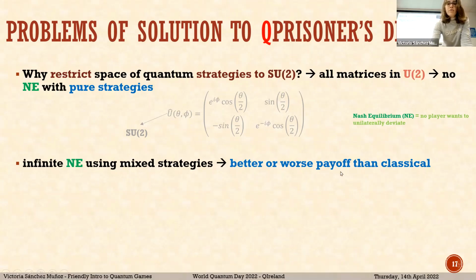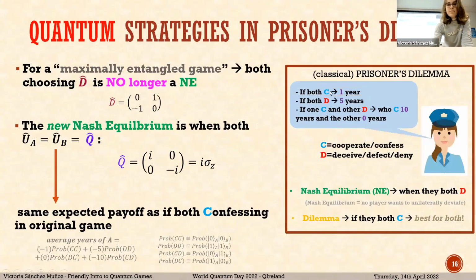And the payoff or the average time in prison is better or worse. You can adjust it by just changing these numbers. Okay. It's 1, 5, 10, and 0.